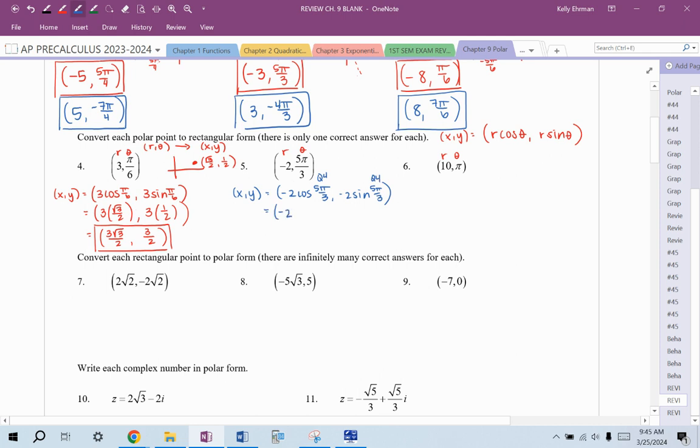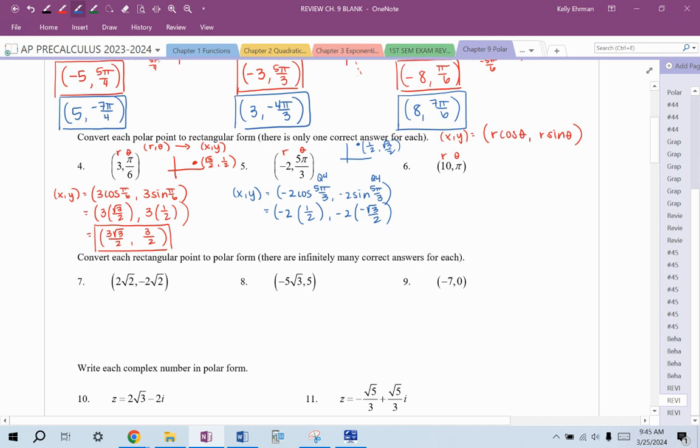So this is negative 2 times, all right, what's the pi over 3 coordinate? Pi over 3 is 1/2, radical 3 over 2. That's the pi over 3 angle. And then in quadrant 4, cosine's positive, so 1/2, and sine is negative in quadrant 4, so negative radical 3 over 2.